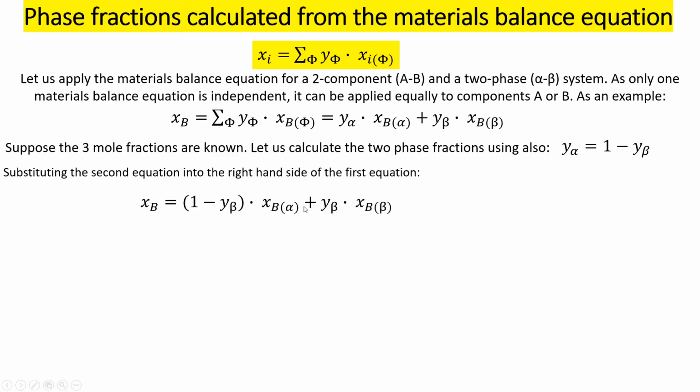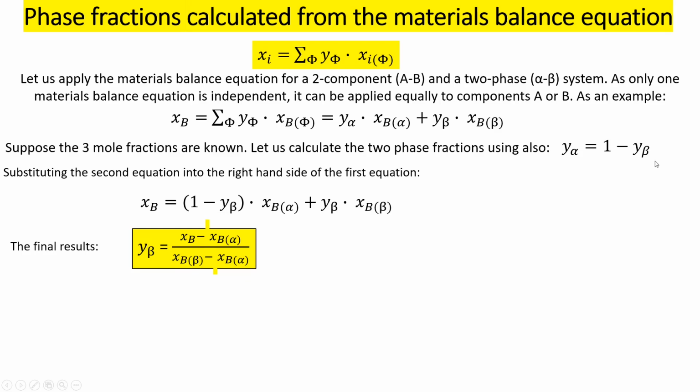So then xb equals, instead of y alpha I have 1 minus y beta times xb alpha, and then the second term is the same. Now in this equation, supposing I know the values for the three x's, we have only a single unknown, which is y beta, so it is easy to express, and this is the final equation. y beta equals xb minus xb alpha divided by xb beta minus xb alpha. And then of course y alpha is easy because it's 1 minus what we just calculated.